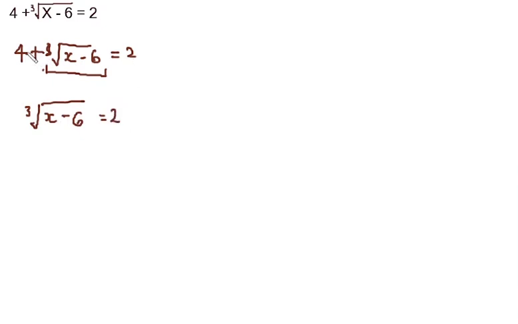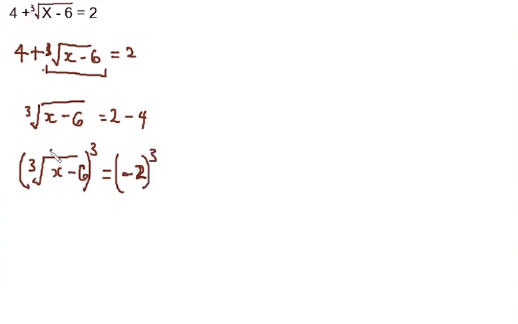And then remember we moved 4 over to this side. Now plus 4 becomes minus 4, so that I have the radical isolated now. So this is the cube root of x minus 6 is equal to 2 minus 4, which is minus 2. The next step eliminates the radical. I'll have to take the cube of both sides to eliminate the radical.